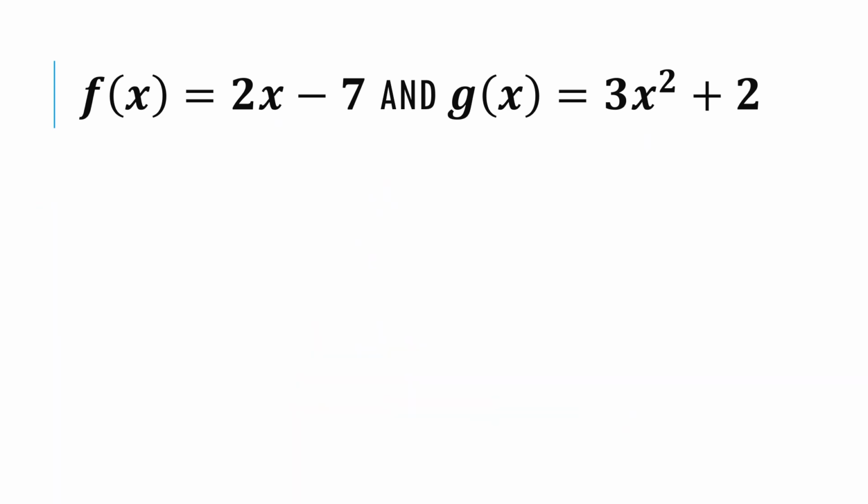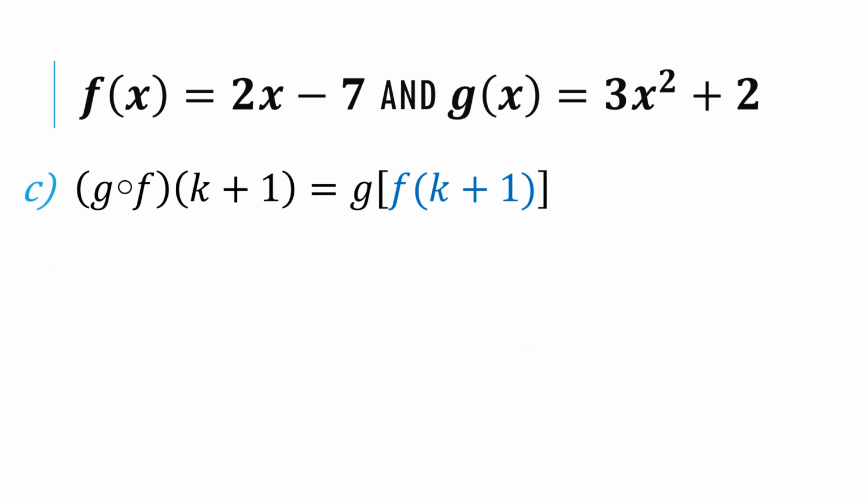Next problem. Letter C. g circle f of k plus 1. So, g of f of k plus 1, since g naman yung nasa labas, ito yung basihan natin. Okay, ito yung pinaka nasa labas. But instead of writing x here, we're going to write 2x minus 7.